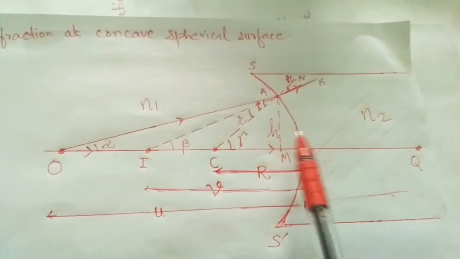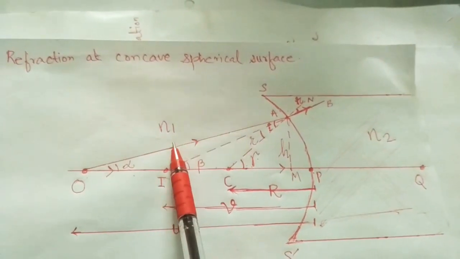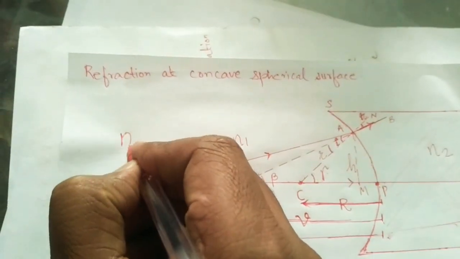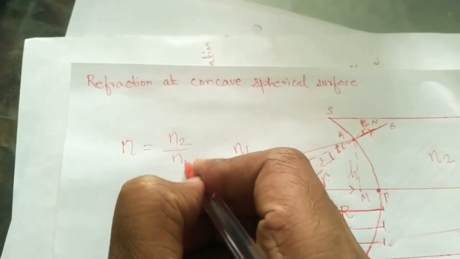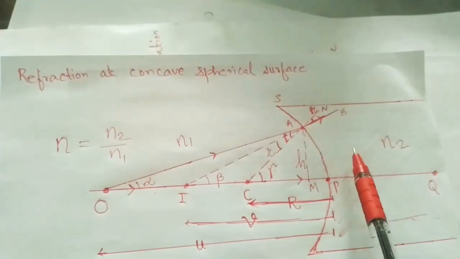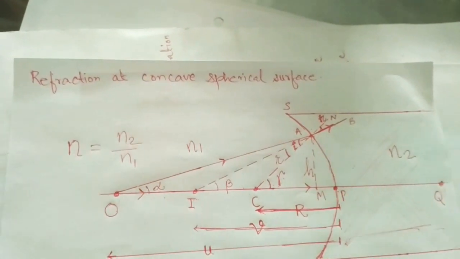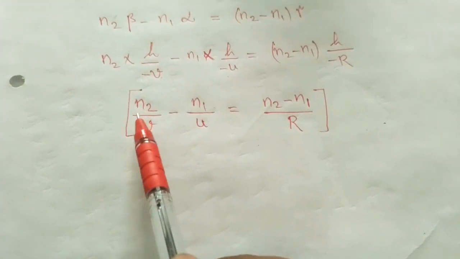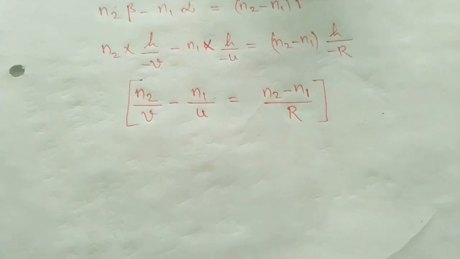But in the starting, I told you the refractive index of the second medium with respect to the first medium will be the refractive index of this glass. So we can say that the refractive index of glass n is equal to n2 by n1, where n1 is air and n2 is glass. Using this concept, I am dividing all the numerators by n1.